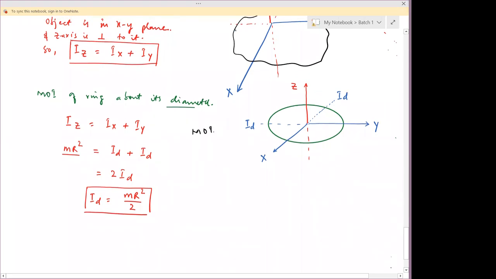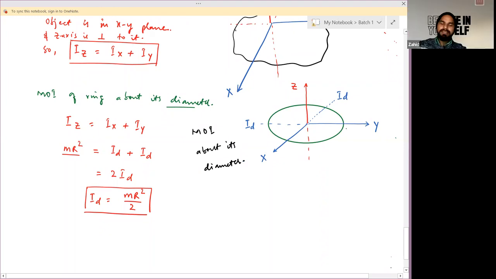Since the x-axis is passing through its center, the line which is passing through its center must be a diameter. So the x-axis and y-axis here are behaving as diameters.